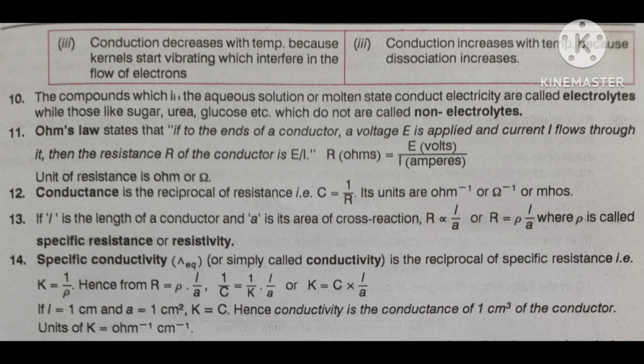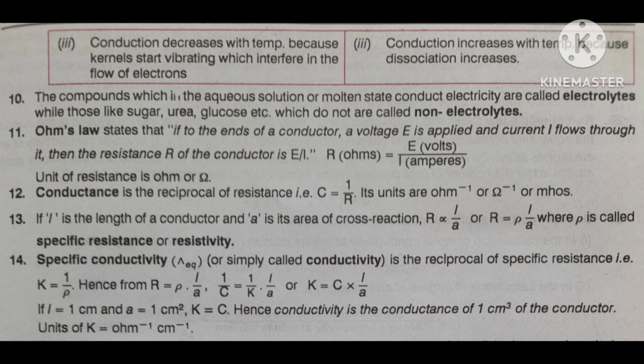What is conductance? Conductance is the reciprocal of resistance, means C is equal to 1 upon R. If resistance is more, current will be less, and if R is less, current will be more.